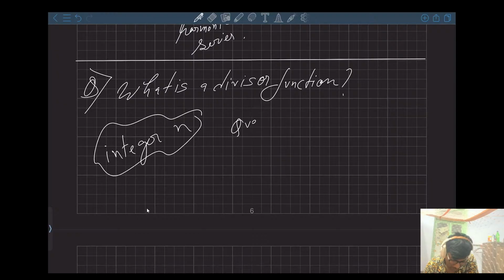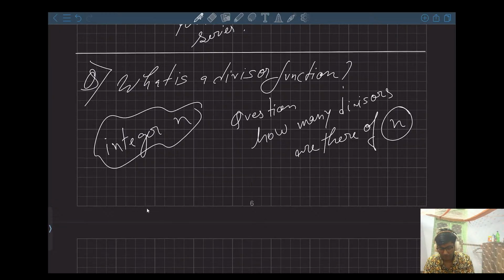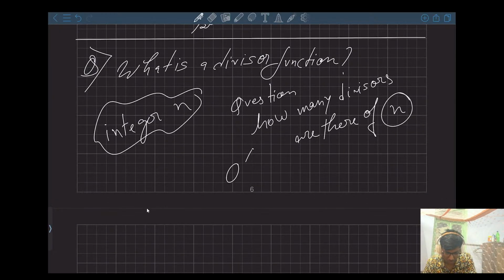Question: how many divisors are there of n? Now there is no direct answer to this. Some people compute it with order of root n complexity.